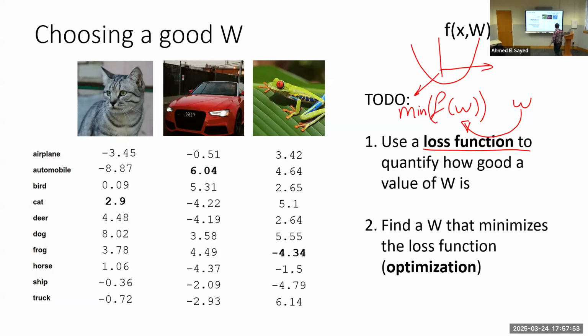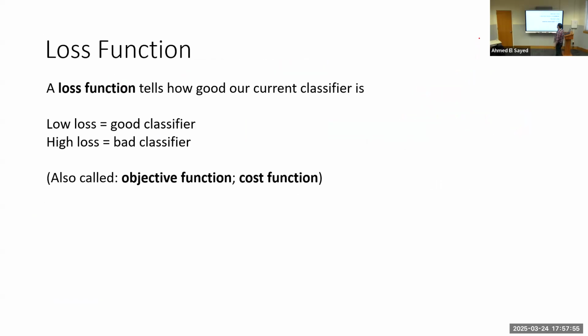So this loss function must satisfy some conditions. First, low loss means the classifier is good. High loss, the classifier is bad. When I say low loss, the best loss value is 0. Meaning you can't have a negative value.